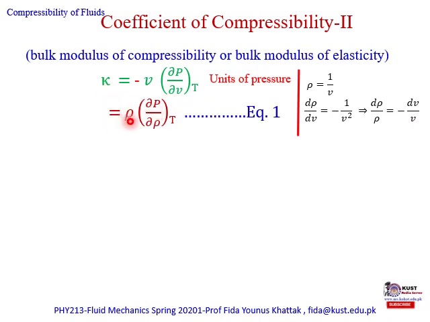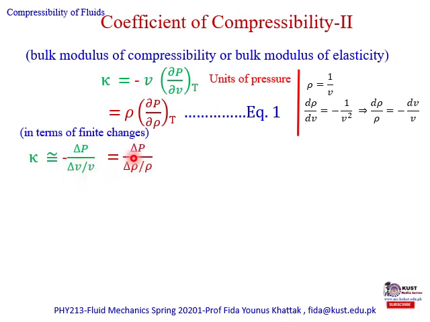So kappa is equal to rho del P over del rho at constant T. In terms of finite changes, we can rewrite this: kappa is approximately equal to minus delta P over delta V over V. Or we can write this down as delta P over delta rho over rho.